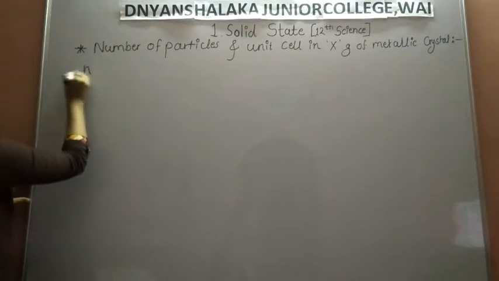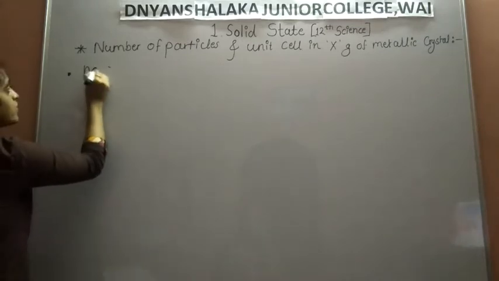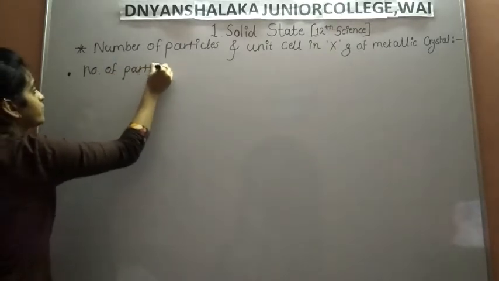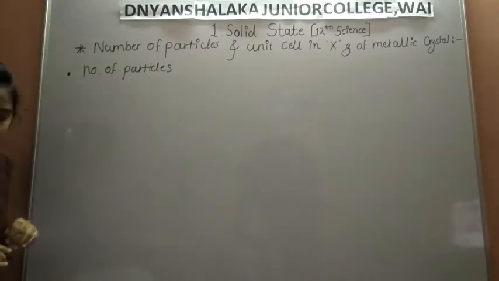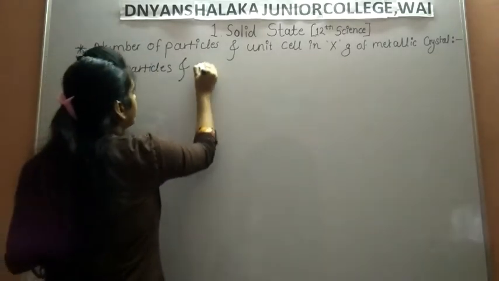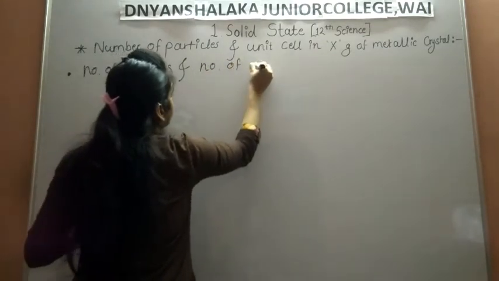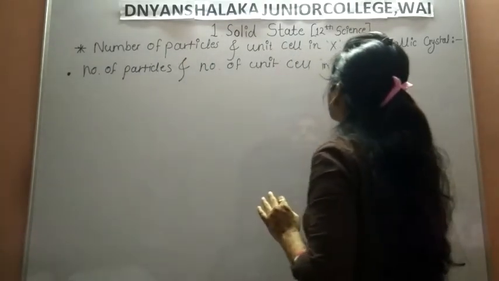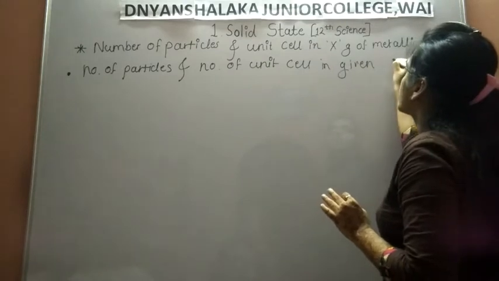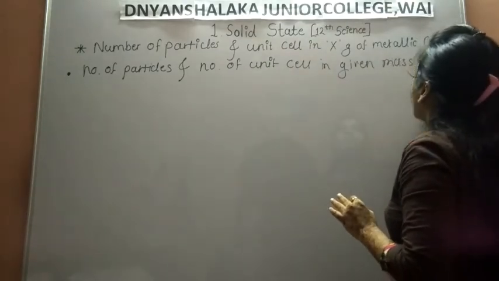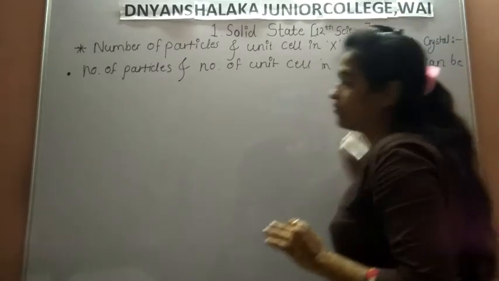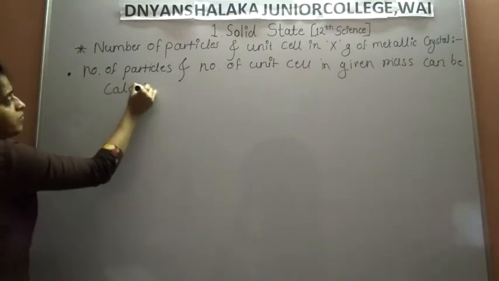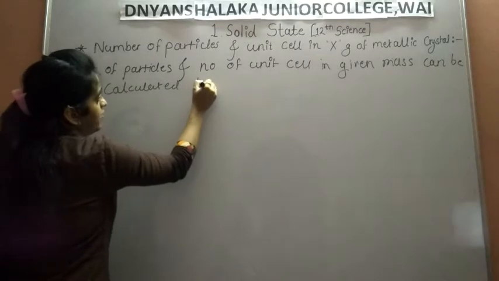Number of particles and number of unit cells in a given mass can be calculated from known parameters.